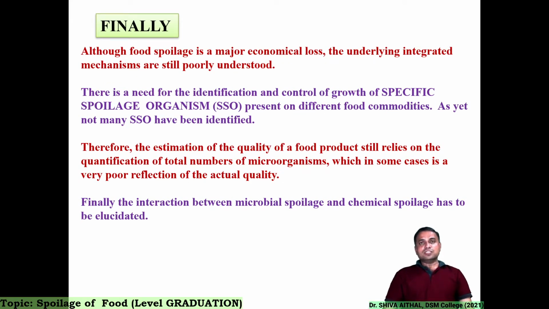Although food spoilage is a major reason for economic loss, till now the food industry has not been able to 100% design a mechanism for preventing it, because the underlying mechanisms are very poorly understood. You never know. Food may get spoiled by the food texture itself. Food may get spoiled by the microorganisms. Food may get spoiled by physico-chemical interactions. Food may get spoiled by the chemicals present inside the food itself.